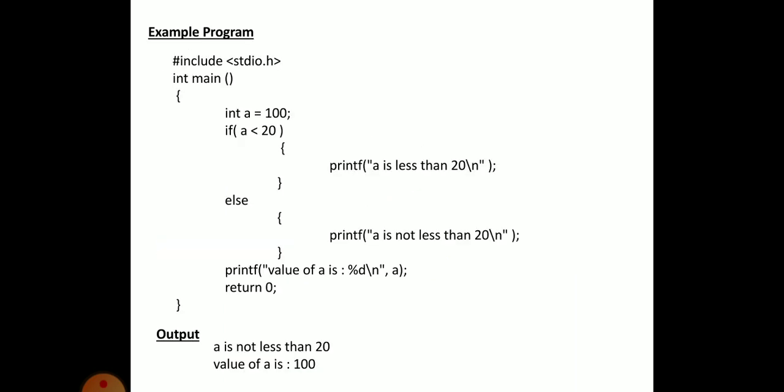Let's see an example program to illustrate the use of if else statement. Here the first statement in the program, always the library file #include stdio.h. We know the use of adding the header files inside a program. The next one, int main().